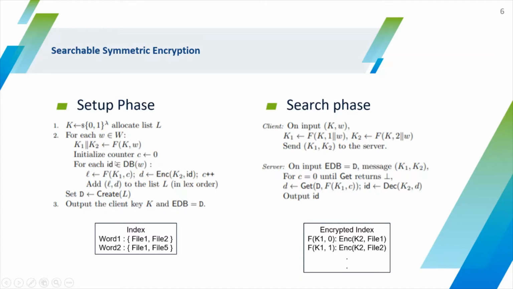For each ID, which in this case is file 1 and file 2, we create L and D. The L will become the key in the inverted index and the D will become the value. L is F of C and K1, and D is encryption of ID and K2. For each ID, the C is incremented. So for word 1, for file 1, the C is 0, and for file 2, the C is 1.